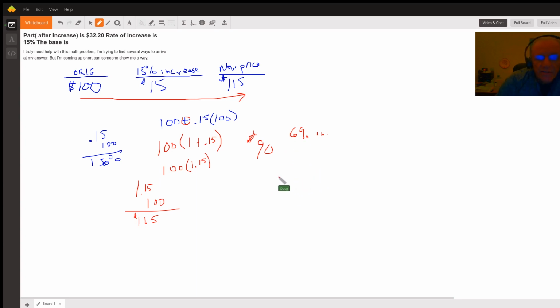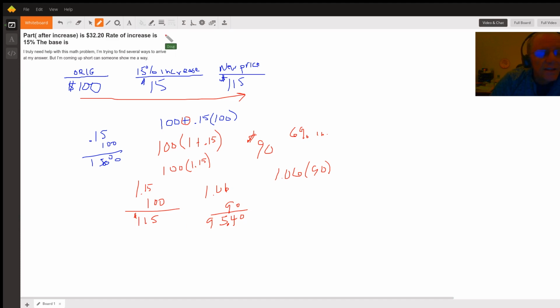Or we could realize that the shortcut is to multiply by 1.06. 1 represents the original 100% of the original cost. The 0.06 is 6% of that 90. So 1.06 times 90 will give us the new price. And I could do that off here on scrap paper. 1.06 times 90 is $95.40, which would be the new price after a 6% increase.